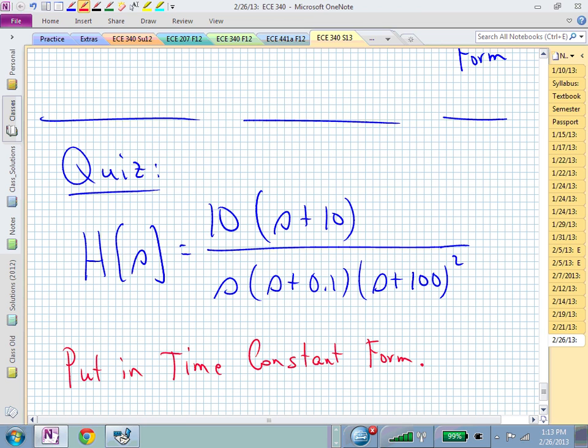And make sure I can read your name when you don't hand this in. But I'm wanting to make sure that we're on the same page relative to pushing this into the time constant form that we need for a Bode plot sketch.